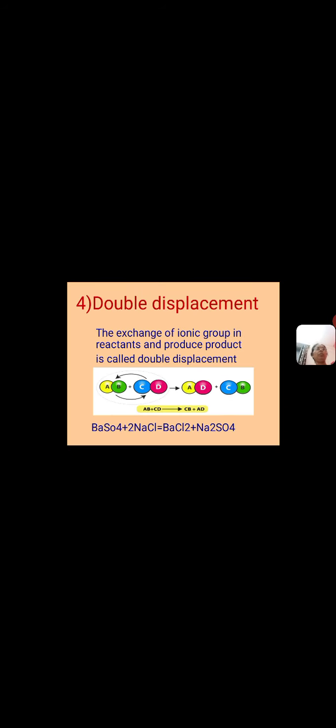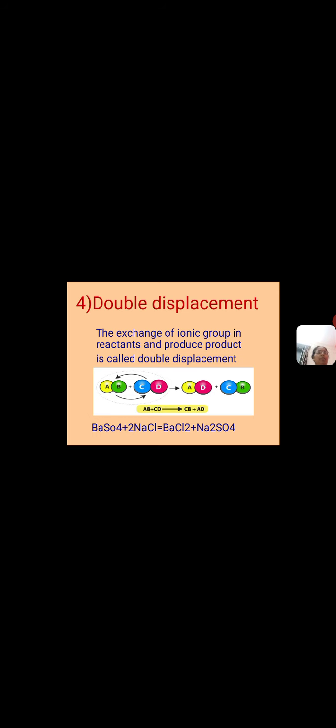Fourth, double displacement reaction. In this type of reaction, the ionic groups in the reactants exchange and we get the product. Ionic groups get exchanged. For example, AB plus CD means A plus B minus plus C plus D minus.